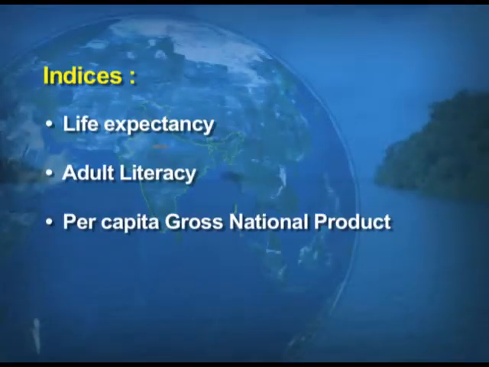Thirdly, the indicator is the standard of living, or the decent style of living of the people. For that, the index is per capita gross national product. So, all the indicators of human development are based on a certain index.